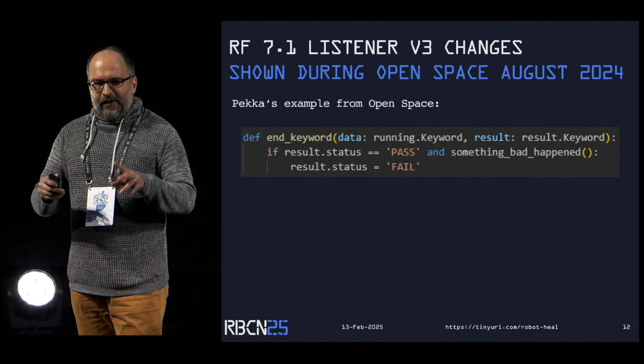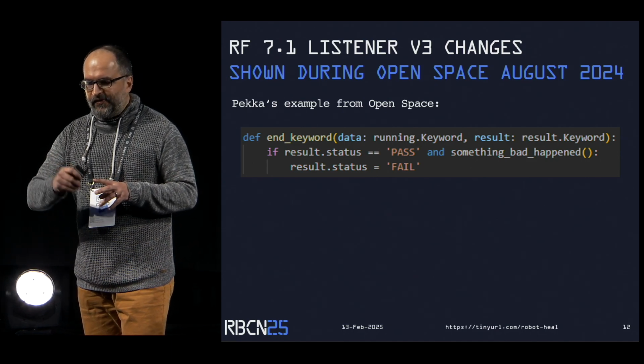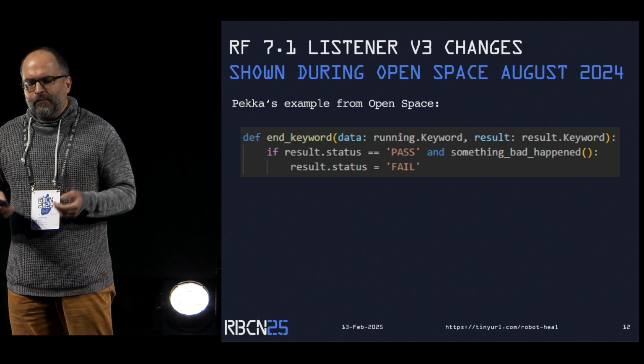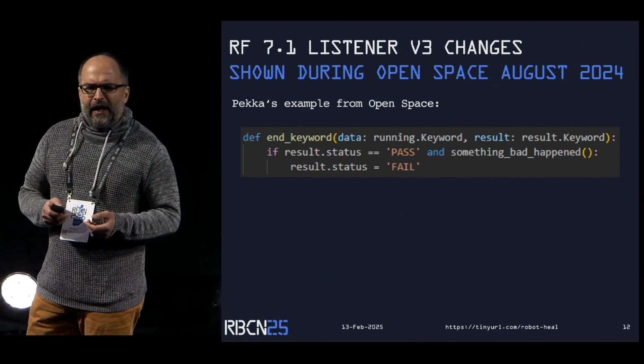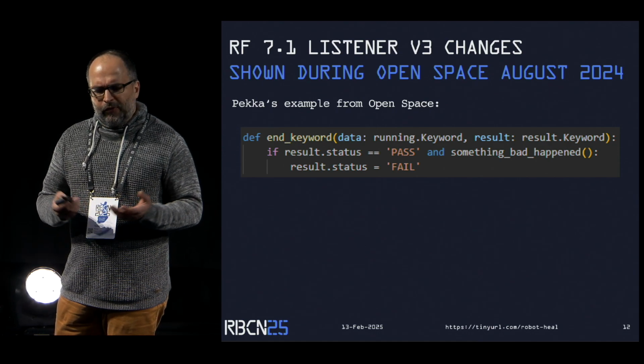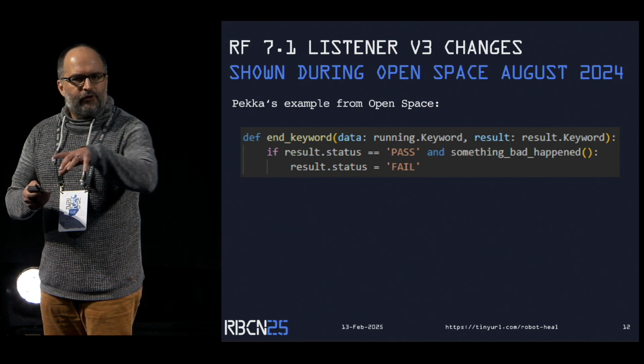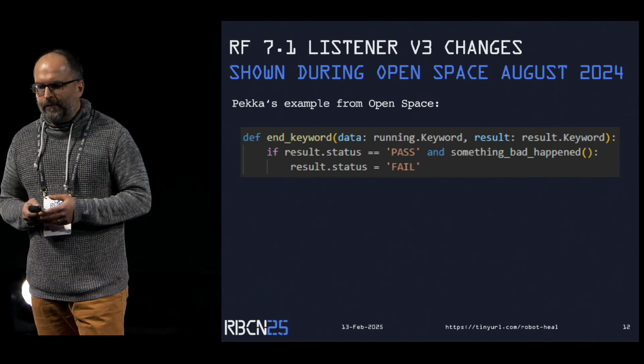That means during the test execution, you could override the result status of a keyword. And what Pekka showed back then was, if the result status is passed and something bad happened, then the result status is fail. For example, if the execution time was too long or something.